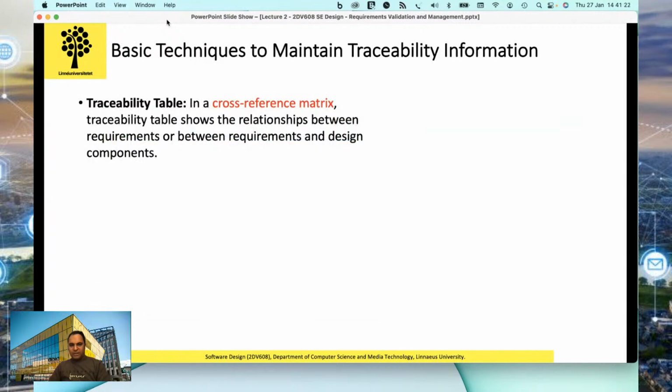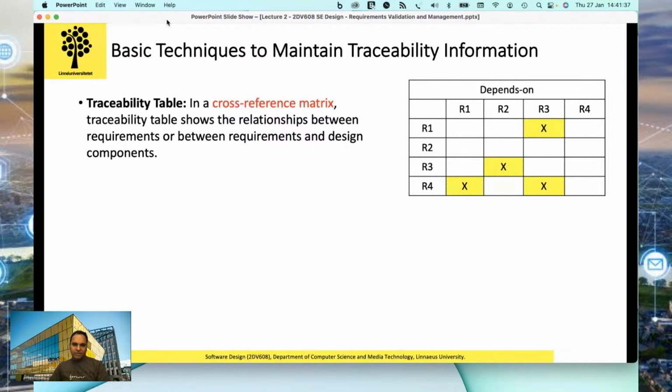So I was mentioning that there are several techniques to store or maintain traceability information. One of them is the traceability table. It's basically a cross-reference matrix where you keep your requirements both in the rows and in the columns, and you simply mark certain requirements that are dependent on that requirement.